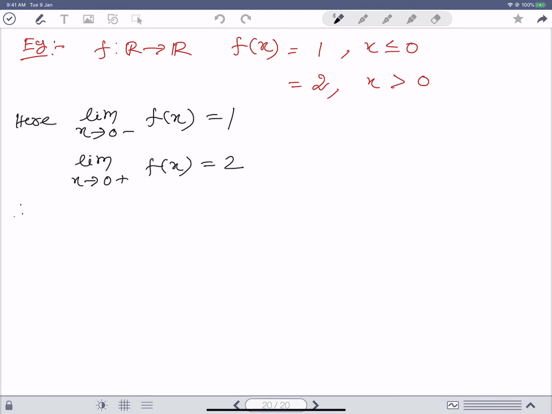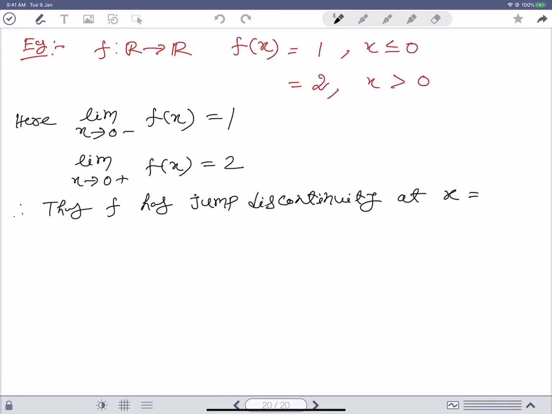So the left hand limit and the right hand limit at x equal to 0 both exist but not equal. Therefore f has a jump discontinuity at x equal to 0, or we can say just at 0.